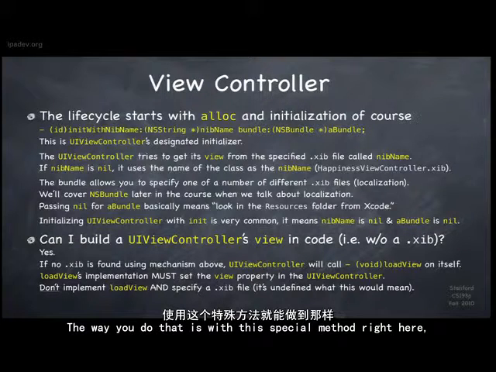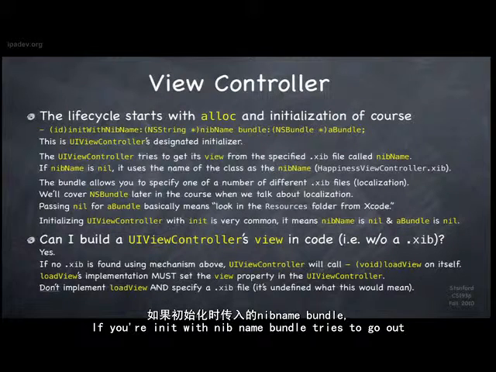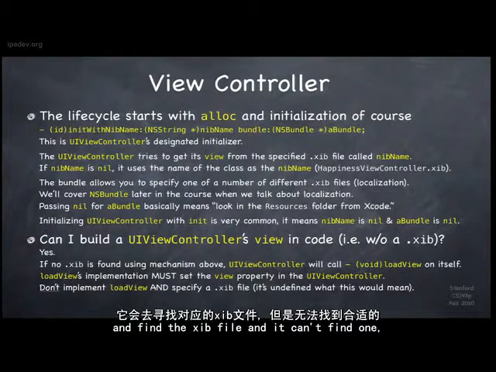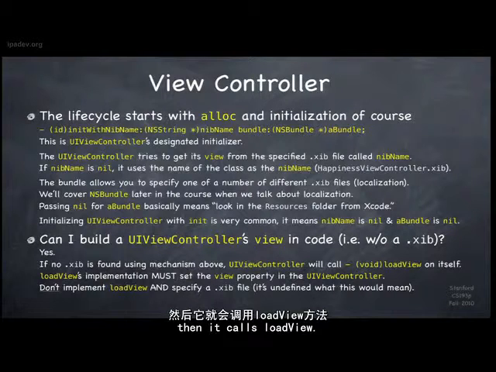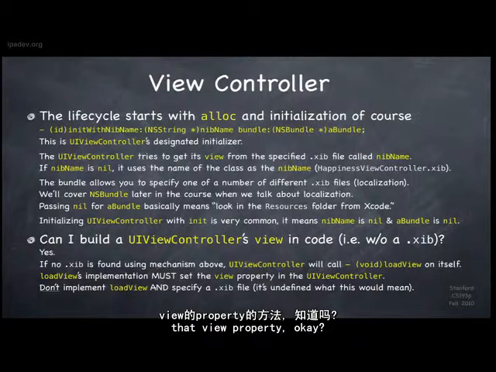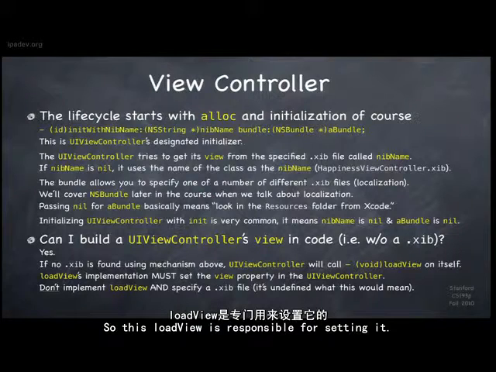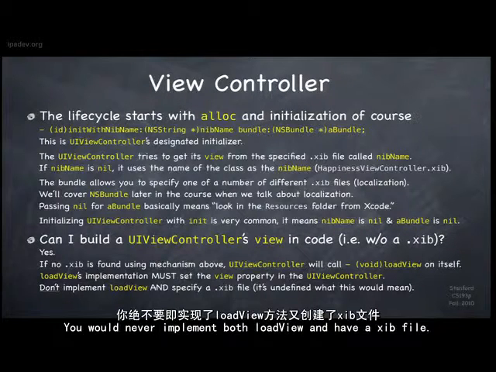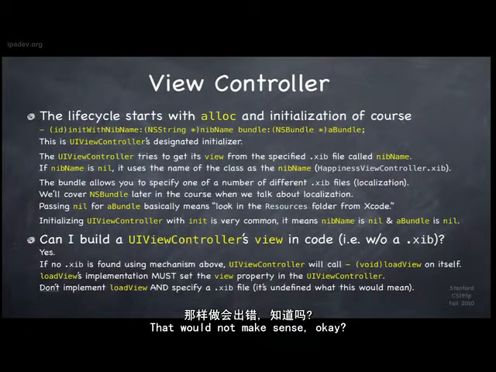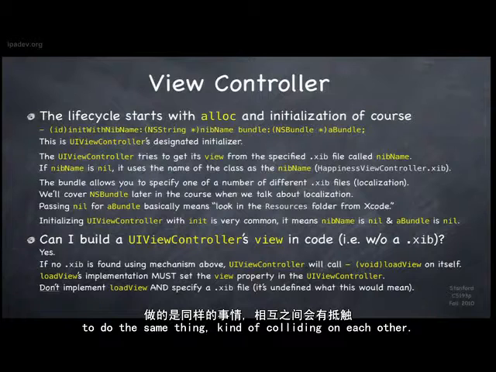The way you do that is with this special method, void loadView. If initWithNibName:bundle: tries to go out and find the nib file and can't find one, then it calls loadView. And loadView is responsible for setting the view property, which is very important to be set. You would never implement both loadView and have a nib file. That would not make sense. You wouldn't want both pieces of code running, because they'd be trying to do the same thing, kind of colliding on each other.